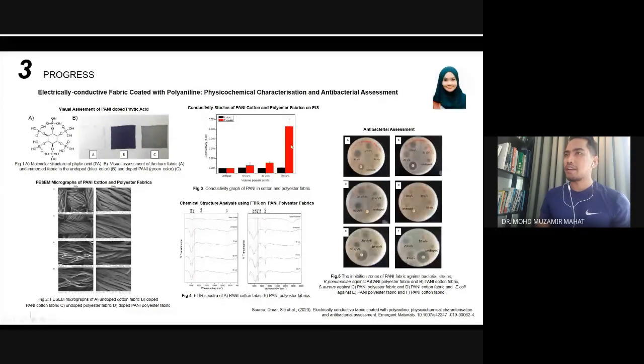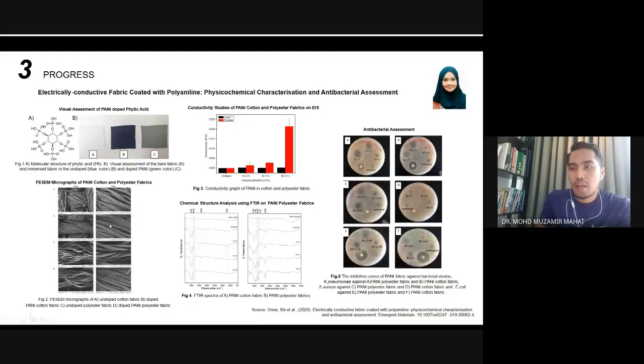We see that the polyester fabrics, this is the jersey type, compared to this is cotton, shows an increasing of conductivity much than the cotton. And we conclude that, probably this is because of the good incorporation in which the polymer inserts well into the internal structure of the polyester fabrics, which is the jersey type.